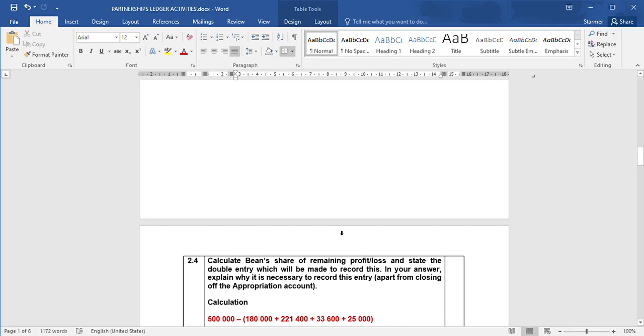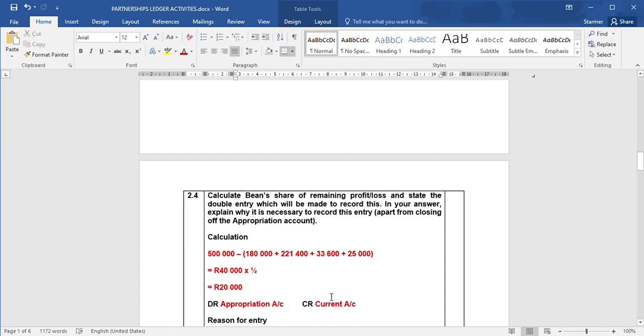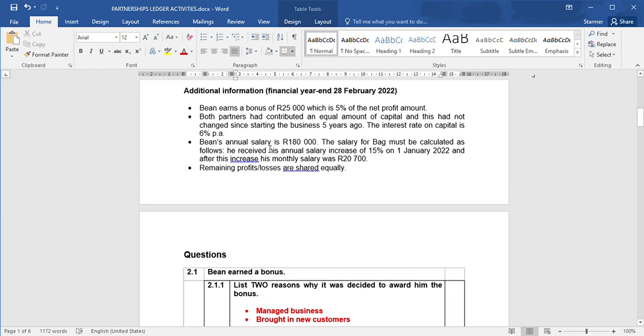Then calculate Bean's share of remaining profit or loss, state the double entry which will be made, and then why it's necessary to record this entry. Okay, the figures I've used here, as I said, net profit minus the salary of Bean as well as the salary of Bag, as well as the interest on capital, as well as the bonus. And that gave me a remaining profit here of 40,000, and they tell you over here that remaining profits and losses are shared equally.